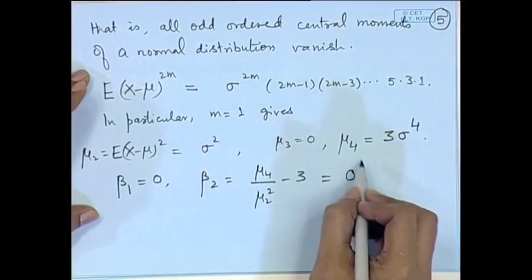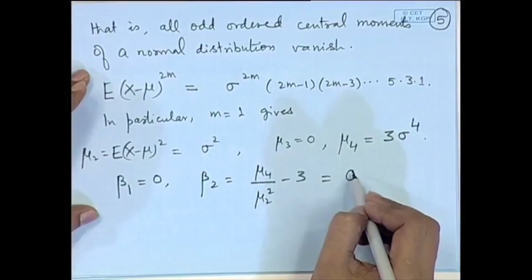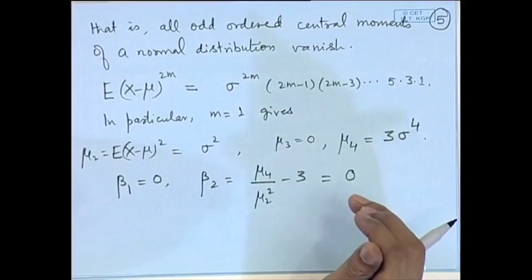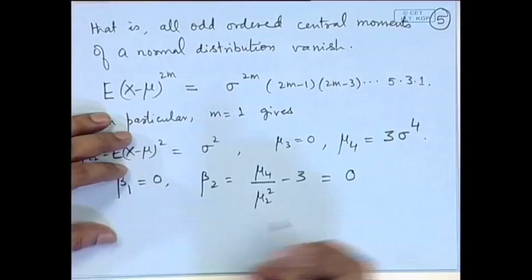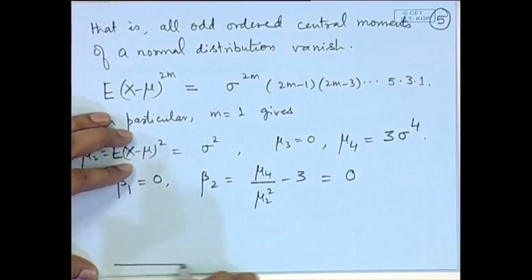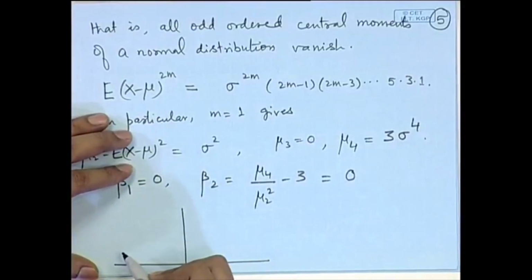That means the peak of the normal distribution is a normal peak. When we introduced the measure of kurtosis or the concept of peakedness, we said that it has to be compared with the peak of the normal distribution, or a normal peak. So, basically the peak of the normal distribution is considered as a control or a standard. If we look at the shape of the normal distribution, it is perfectly symmetric around mu.